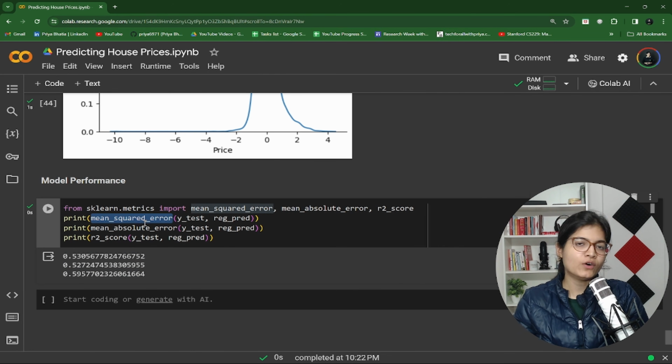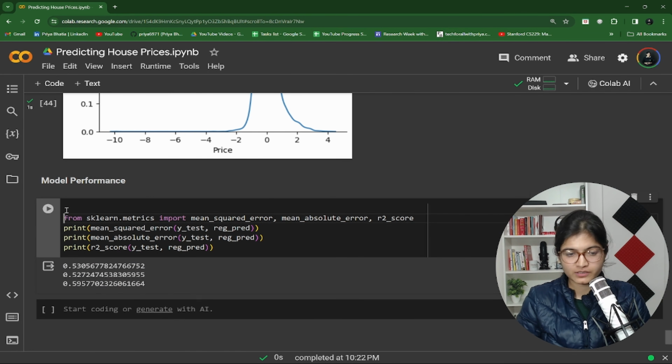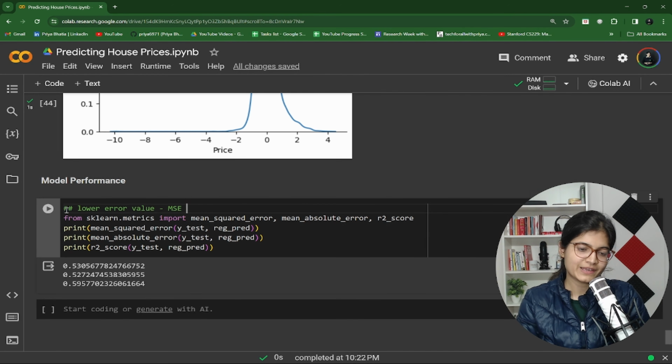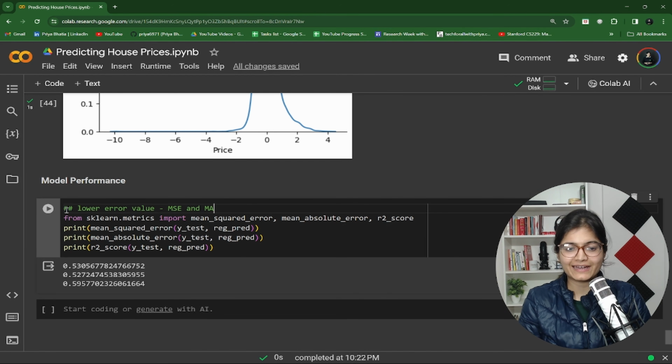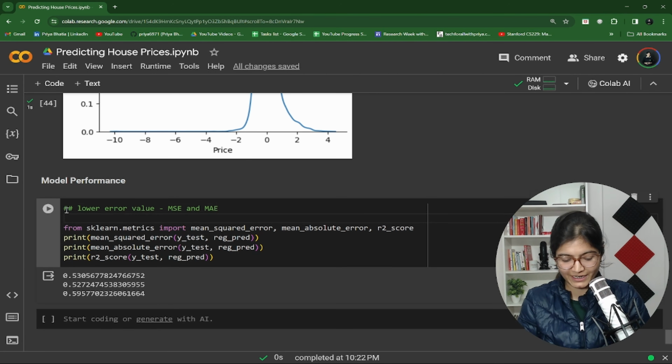What we are looking for, obviously, is a lower error value, whether it be MSE or MAE. MSE and MAE are both indications of error values, which should be very, very small.